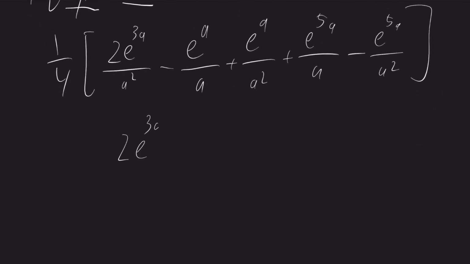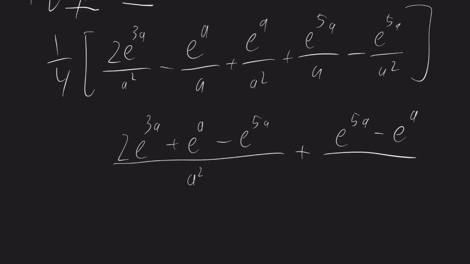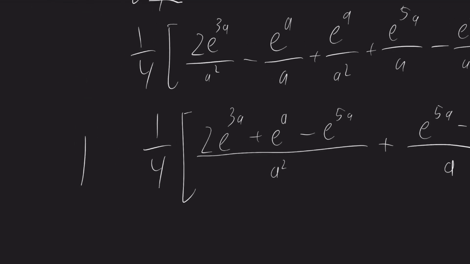We have 2e to the 3a and e to the a and negative e to the 5a all over a squared. And we have a plus e to the 5a minus e to the a over a. And all that has the 1/4 out in front. So this is our a sub n equation.